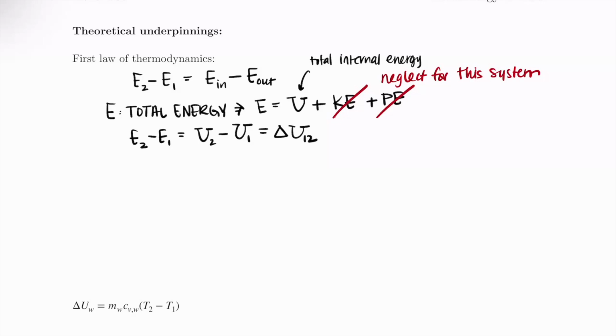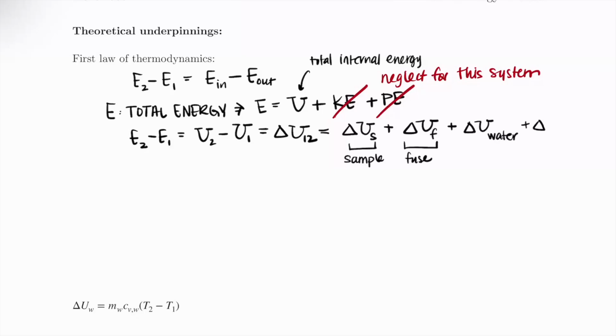Okay. We can break this down into the different parts of our system that hold internal energy. So we have a change in internal energy of our sample. We have the change in internal energy of our fuse. We have the change in internal energy of the water.